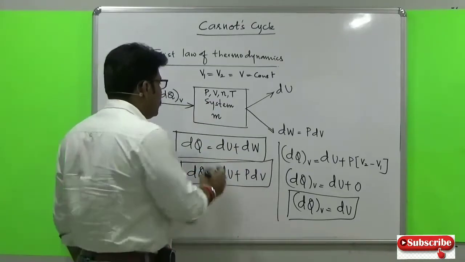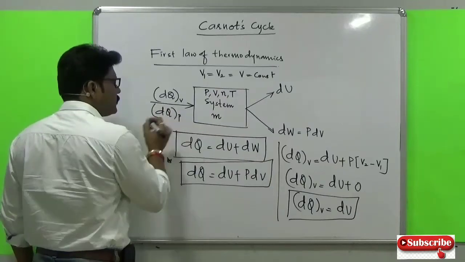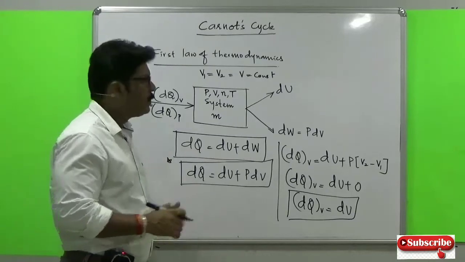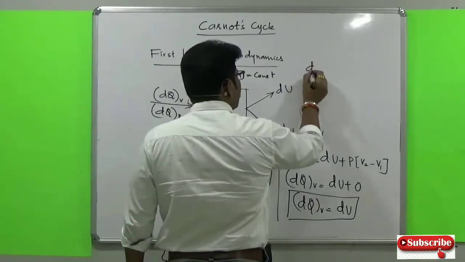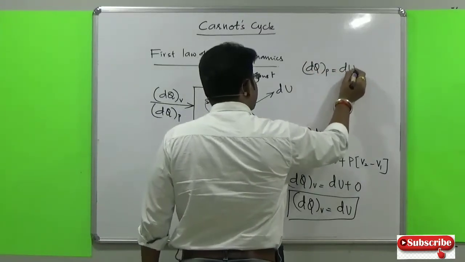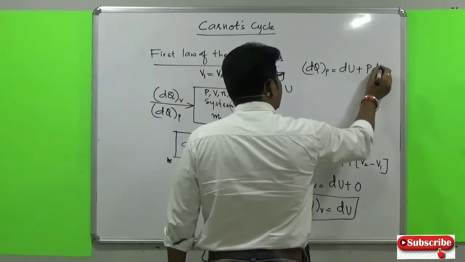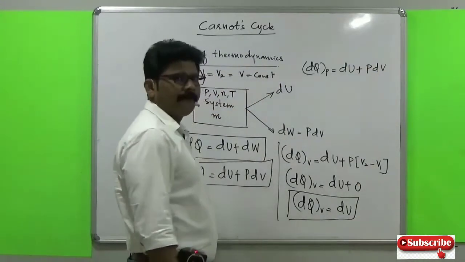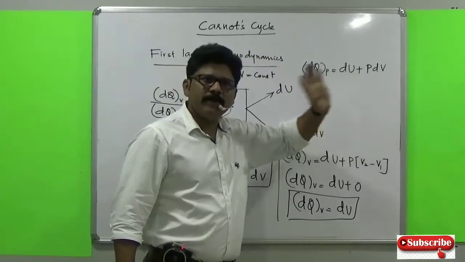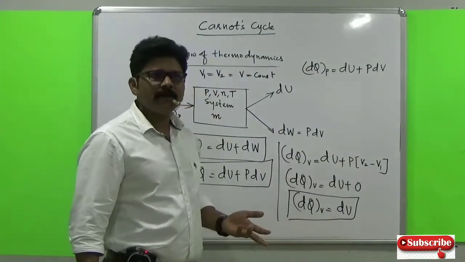If you are applying at constant pressure, dq at constant pressure, what will happen? It will be used in both ways, that is du plus P into dV. Understood? So dq at constant pressure is du plus P into dV. Pressure is constant, brother, but the volume will change.